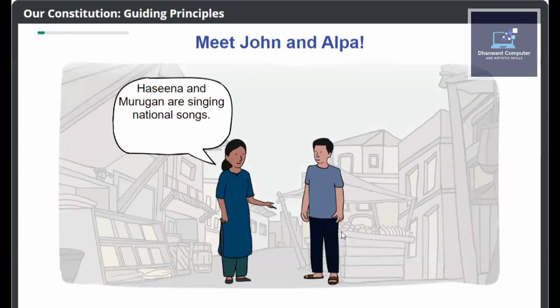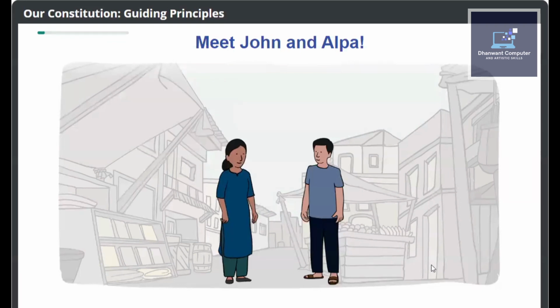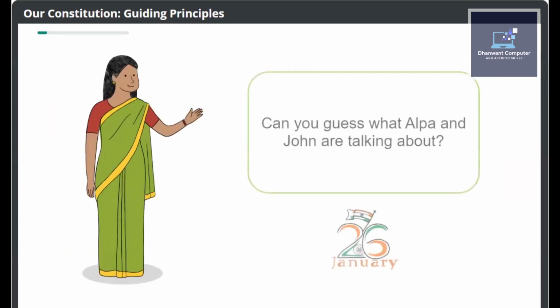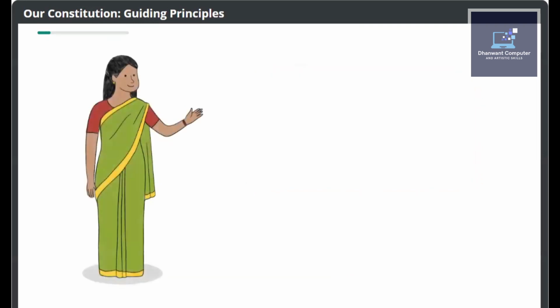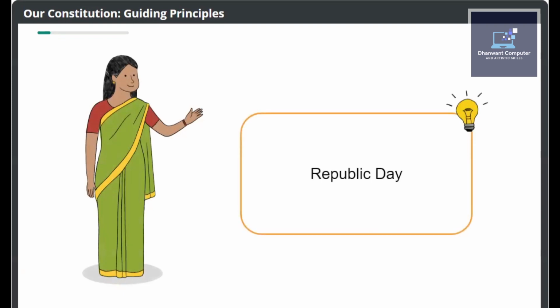Hasina and Murugan are singing national songs. Can you guess what Alpa and John are talking about? Alpa and John are talking about the Republic Day celebration, which is celebrated on the 26th of January.